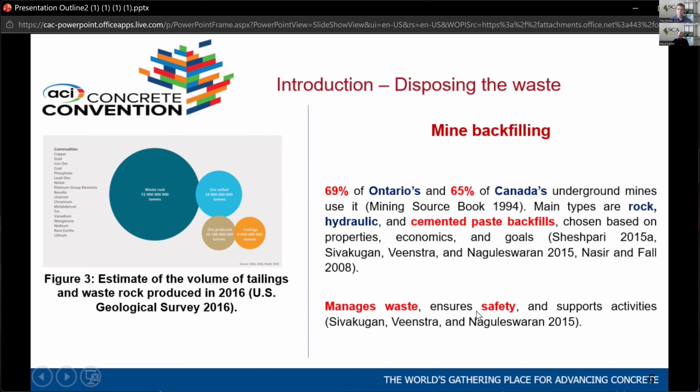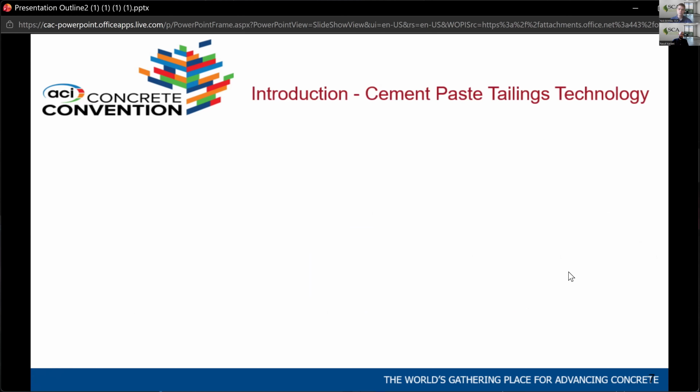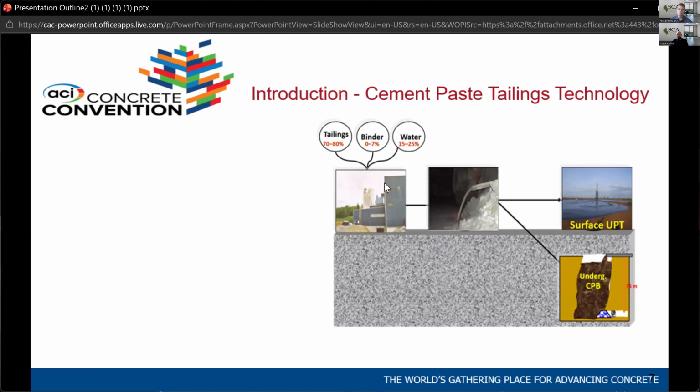We're going to improve the safety for the workers as well by making it more stable, by increasing the shear strength and reducing the duration of hydration.